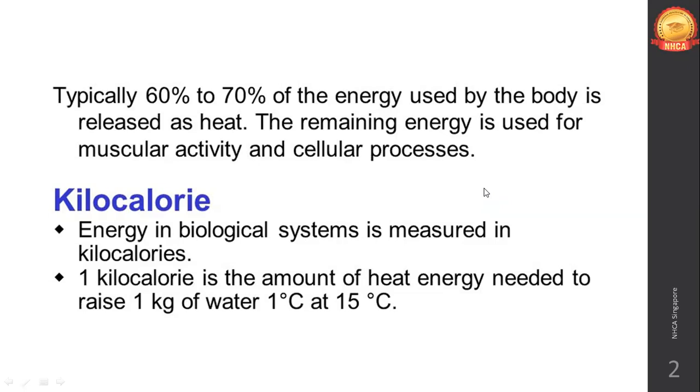You just want to raise the temperature of this 1 kg of water to 15 degrees Celsius, a 1 degree Celsius increase. The amount of heat required to raise the temperature of 1 kg of water by 1 degree Celsius is what we call 1 kilocalorie.